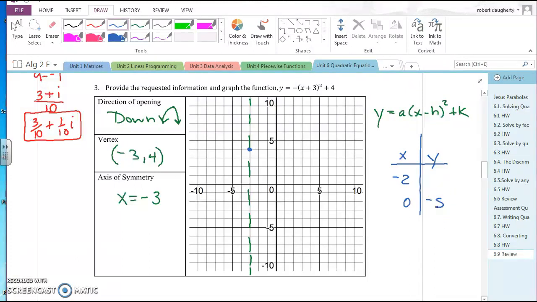When I plug in a -2, that's going to give me a 1, so 4 minus 1 is going to be 3. So -2, 3, so that means I get this matching point, and 0, -5, which means I also get the matching point right here. And so then I know what this graph does.